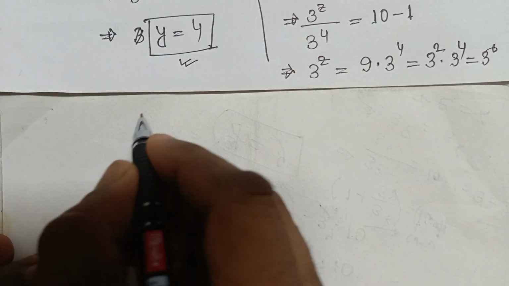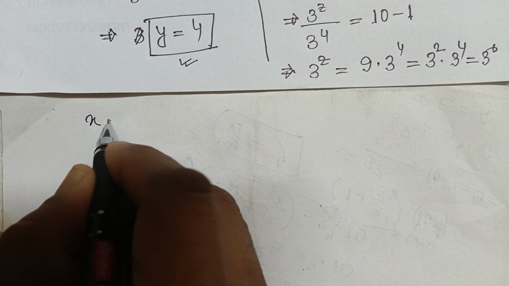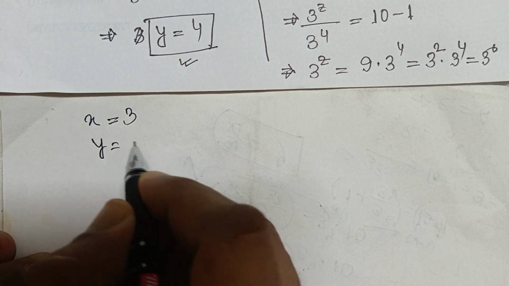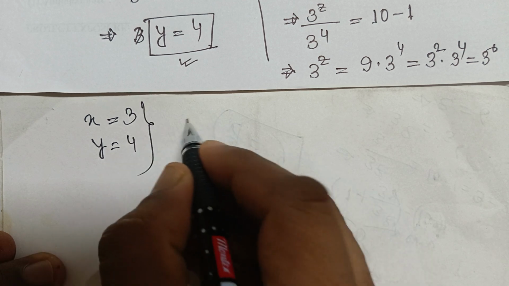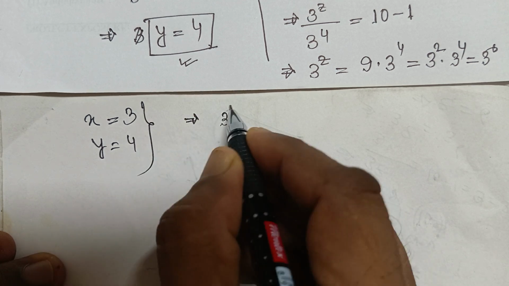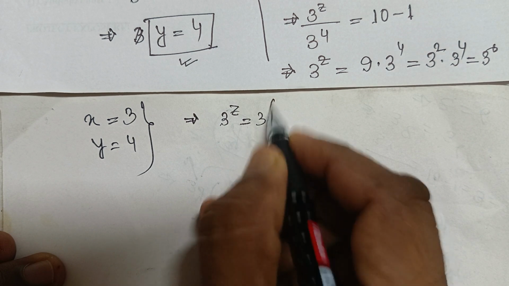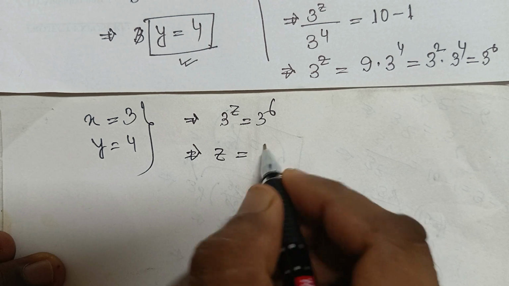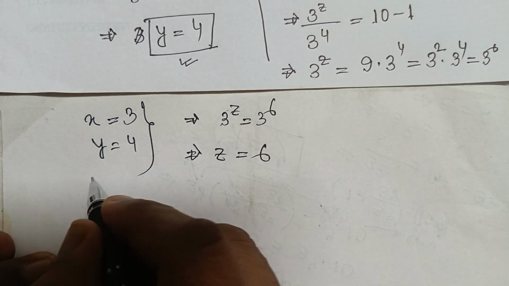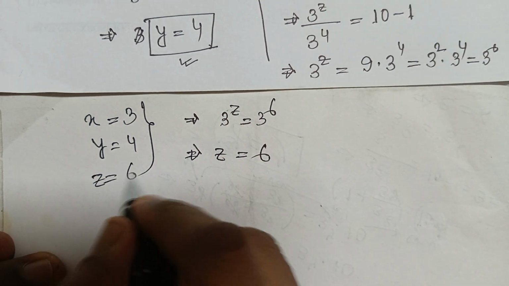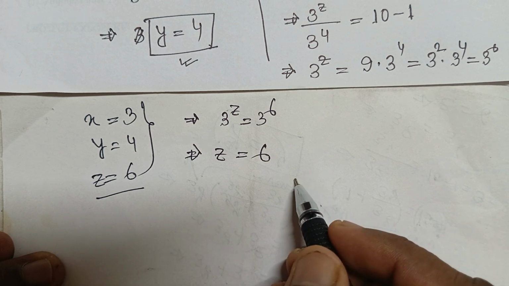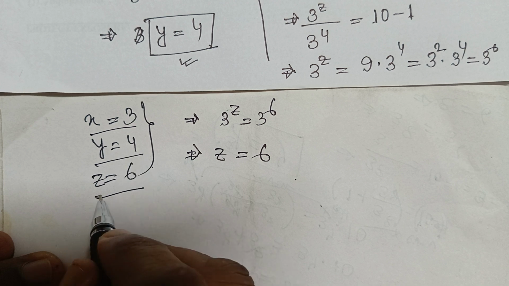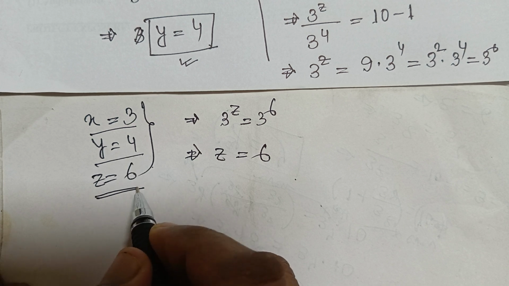Now we got x is equal to 3 and y is equal to 4, and here 3 to the power z is equal to 3 to the power 6, that is z is equal to 6. So we have the solution: x is equal to 3, y is equal to 4 and z is equal to 6.